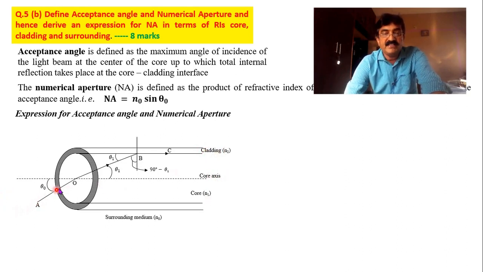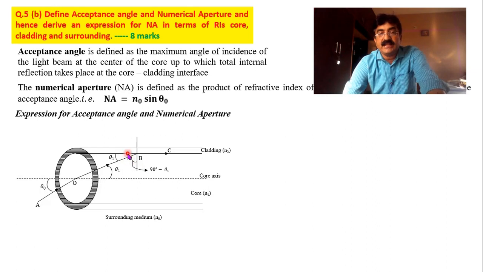And the ray of light is incident at O. Look at this is theta naught. Suppose if this angle is more, means if the ray is coming like this, then it is not accepted. Beyond that it is not accepted. Below that it is accepted. So when a ray enters, it bends towards the normal because it is traveling from rarer to denser, O to B. At B it is grazing the surface, provided this angle is equal to critical angle.